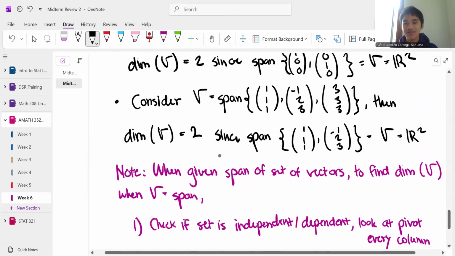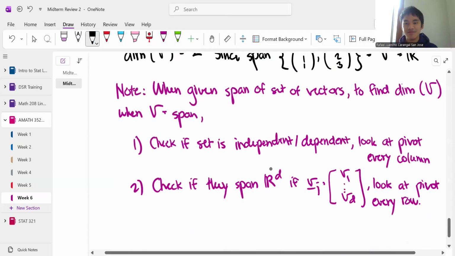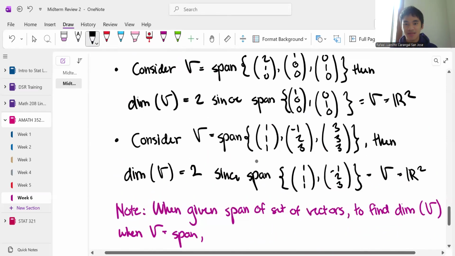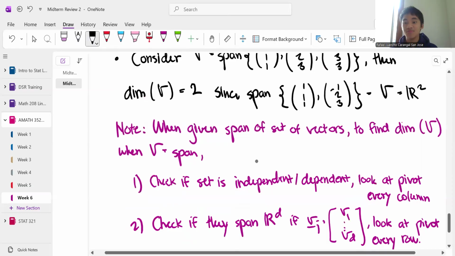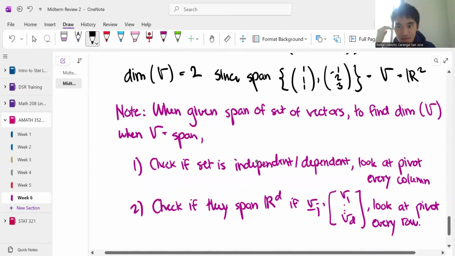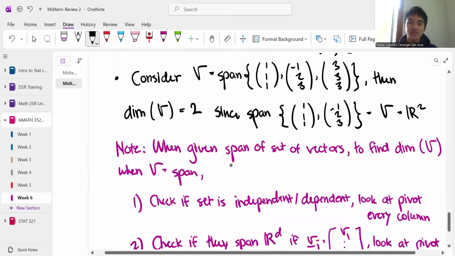And what does this mean? It means that the number of linearly independent vectors, which is the number of pivots in every column, is actually just going to be the dimension.